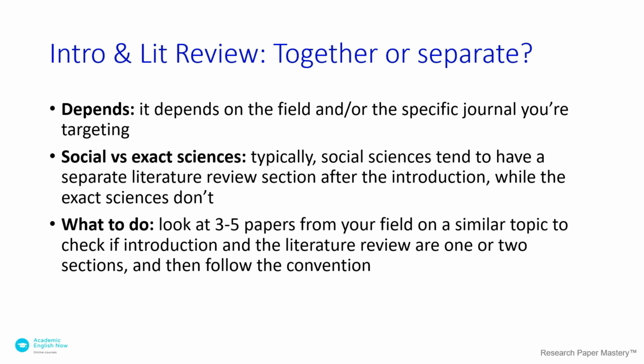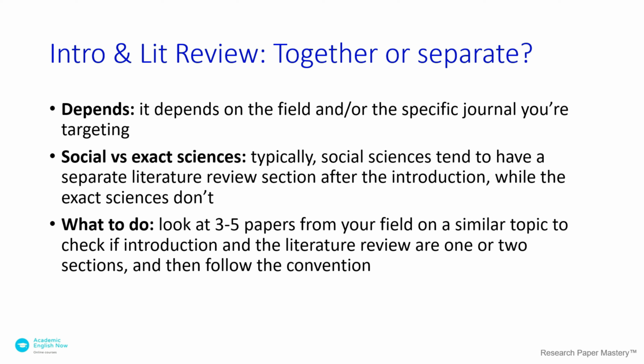So, what do you need to do right now? Well, first of all, you need to clarify it for yourself in your field. You want to look at 3 to 5 papers from your field on a similar topic to check if the introduction and the literature review are 1 or 2 sections, and then you just want to follow that convention, all right? And you probably already right now might have a good idea because you've probably already read quite a lot of papers from your field, but do that just to check and to make sure.